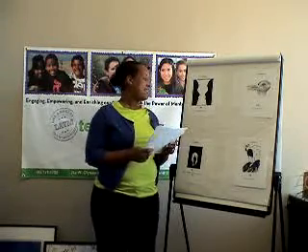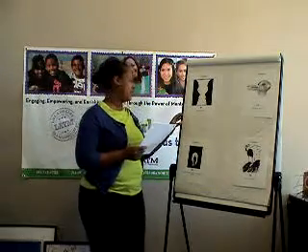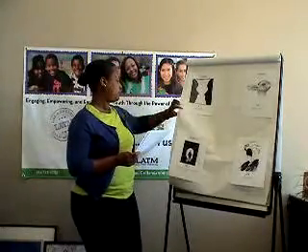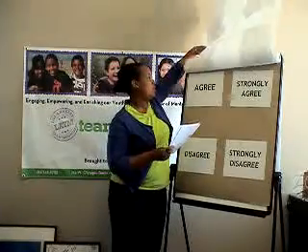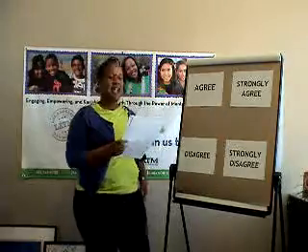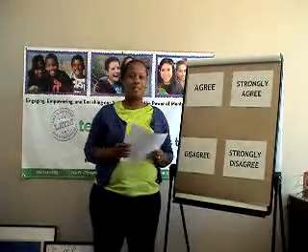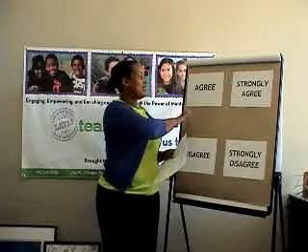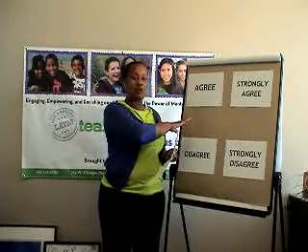All right, so What's Your Perspective is going to be followed by 4 Corners. In 4 Corners, this is an activity where the students will again be walking around. You'll place each of these different 4 signs in each corner of the room.